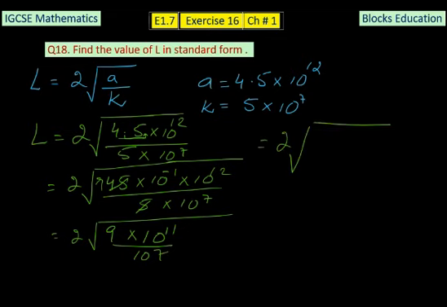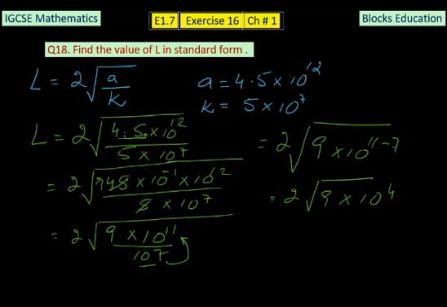And then you have 2 outside, and see, this 10 raised to power 7 you will move up, so it will be 9 into 10 raised to power 11 minus 7, so it will be 2 whole under root 9 into 10 raised to power 11 minus 7, which is 4.